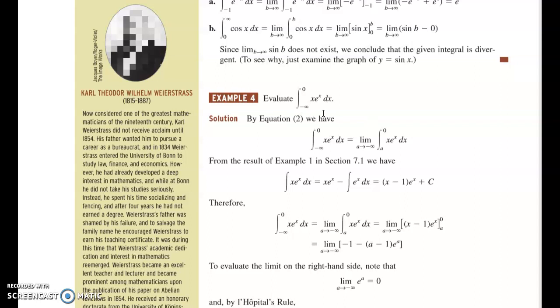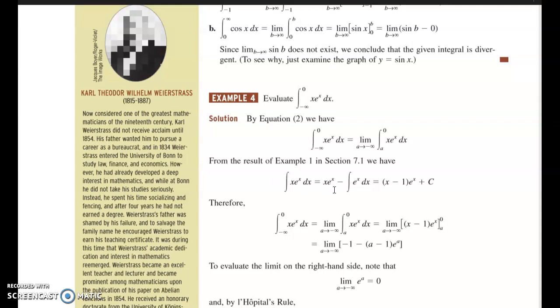Consider this example. Evaluate integral from minus infinity to 0 x e raised to x dx. First we have to convert this into a definite integral, so take the concept of limit here: limit a tends to minus infinity integral from a to 0 x e raised to x dx.